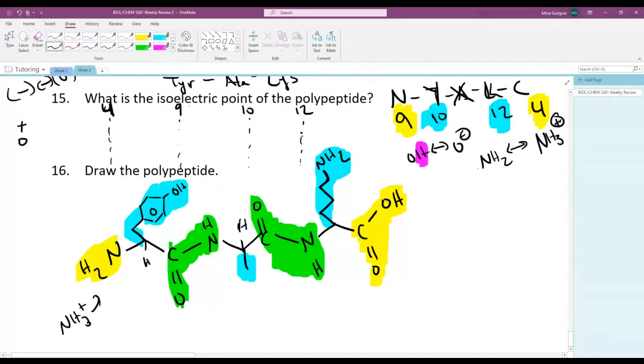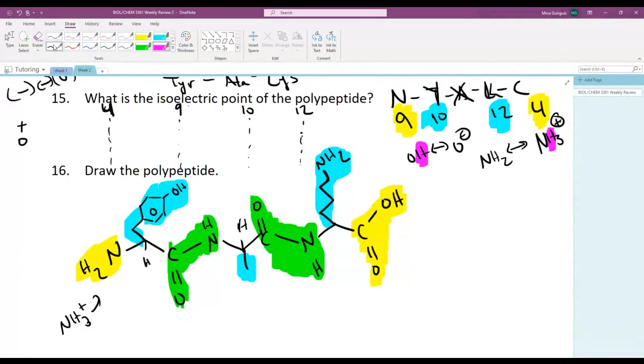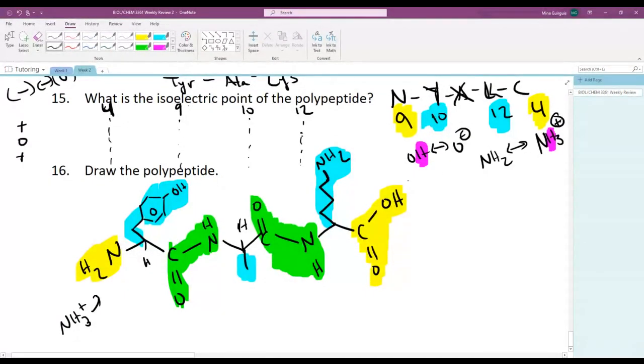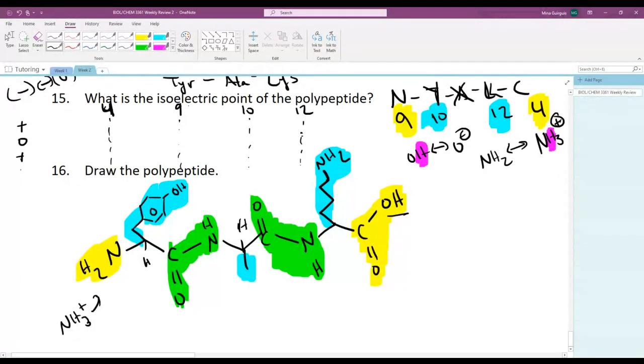The next one is lysine. When lysine is protonated, is it positive, negative, or neutral? Positive, perfect. And final question, our C-terminus, our carboxylic group, when it's protonated, is it positive, negative, or neutral?